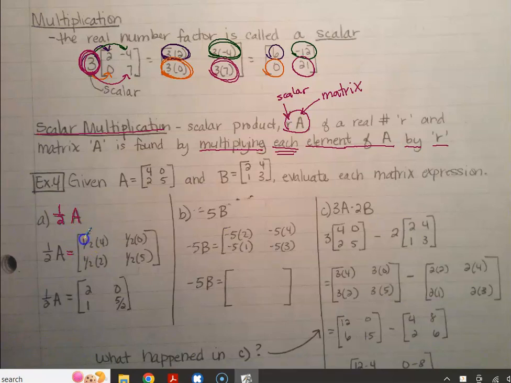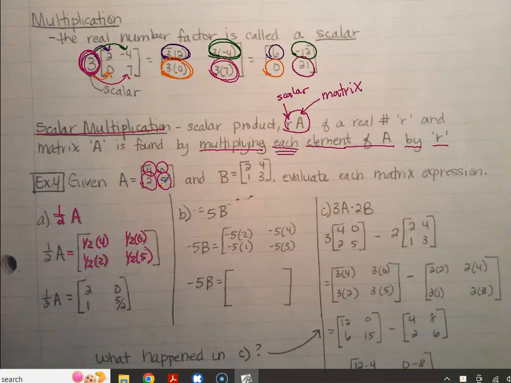So we're going to take 1/2 of 4 because that's the first number. And then 1/2 of 0 because it's next. 1/2 of 2 because that's the number here. And then 1/2 of 5 because that's the next number.